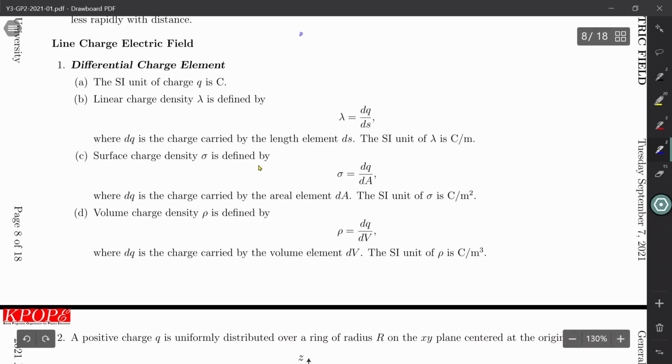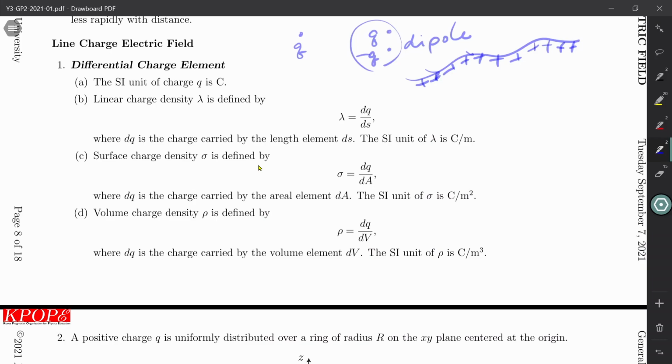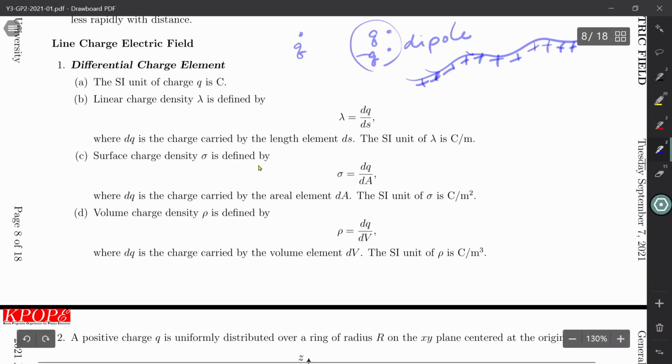Until now, we considered one particle, one charge Q, and plus Q and minus Q, this dipole. What happens if I have charge distributed over a curved wire? Okay. For simplicity, we consider the uniform charge distribution.